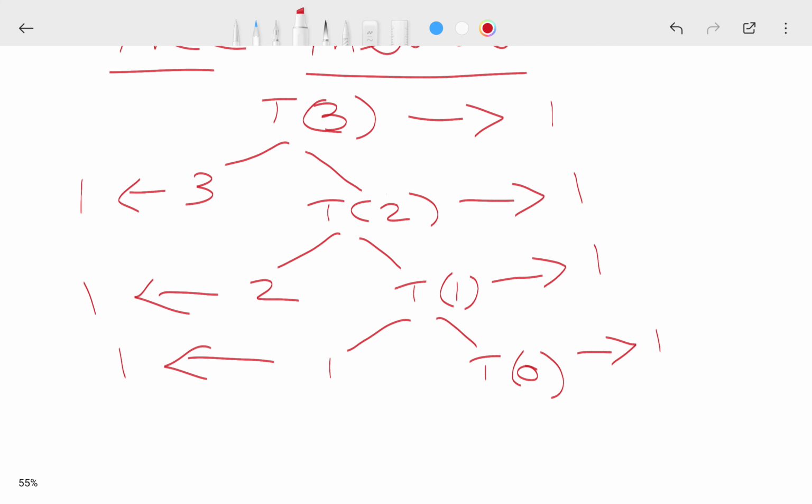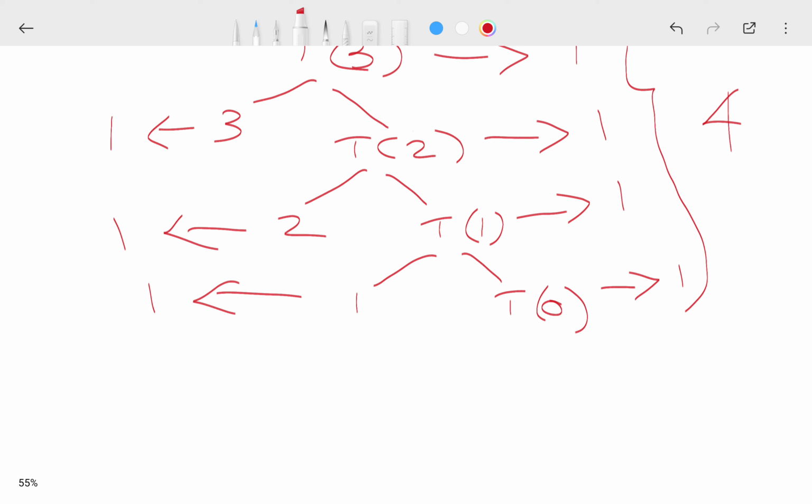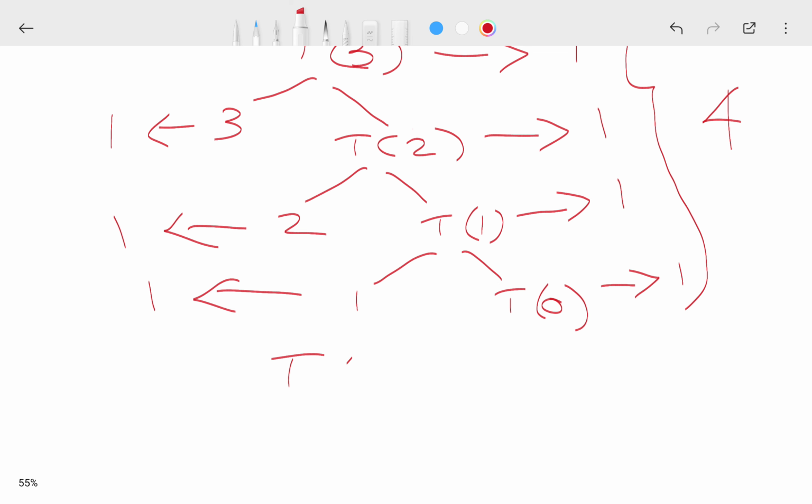So in total it takes 4 units of time. If the n value is 3, it takes 4 units of time, so T of 3 equals 4.